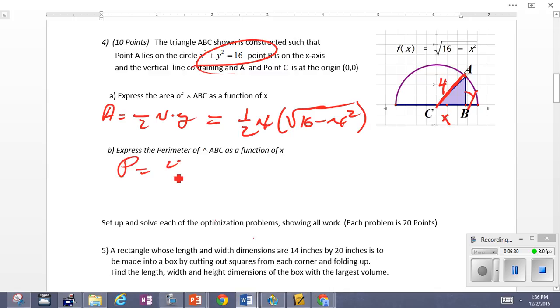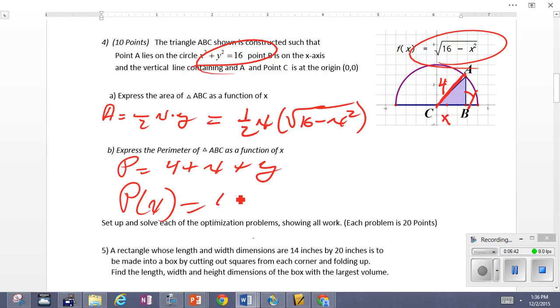Okay, so it's 4 plus x plus y, but of course y is determined by the function value root 16 minus x squared. So the perimeter as a function of x is going to be 4 plus x plus the function root 16 minus x squared.